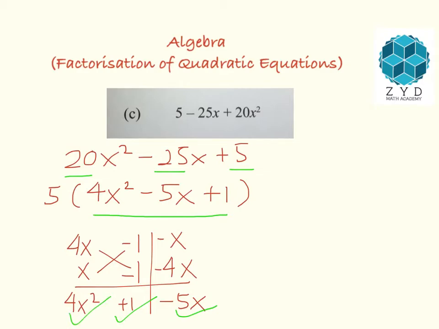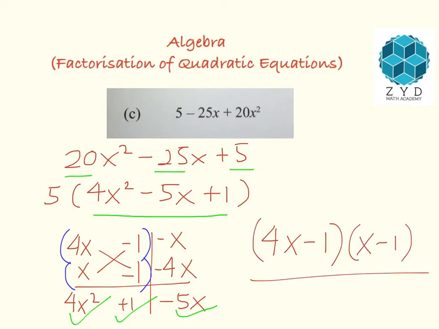Yes, so all these three terms are satisfied by this combination of numbers, so these are the correct factors: 4x minus 1 and x minus 1. So these are our factors.